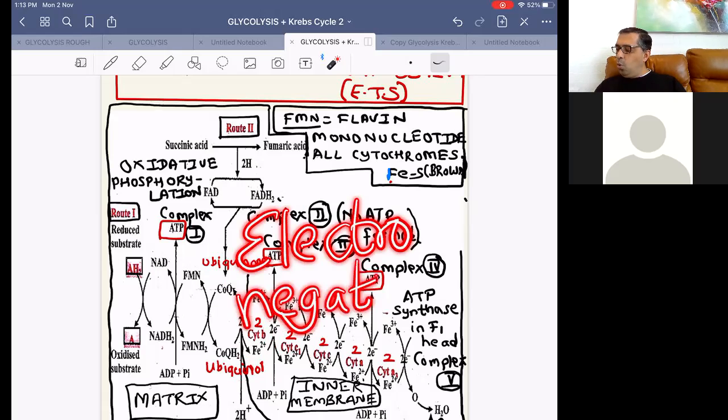So, if you are more electronegative, you will accept the electron.